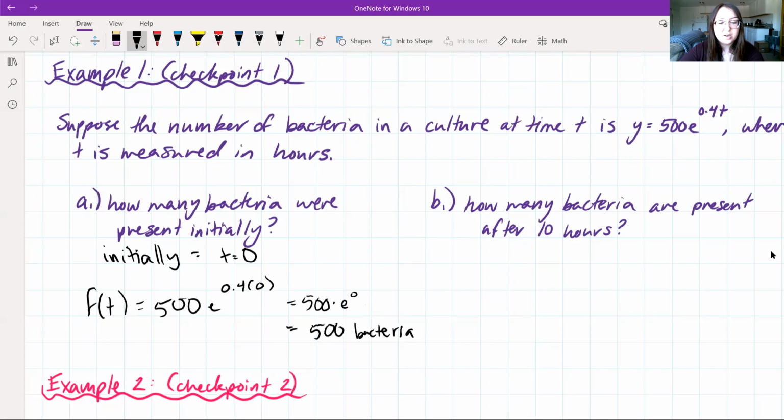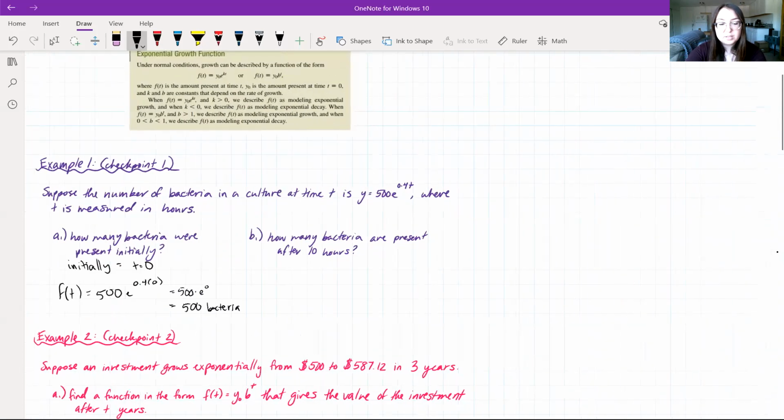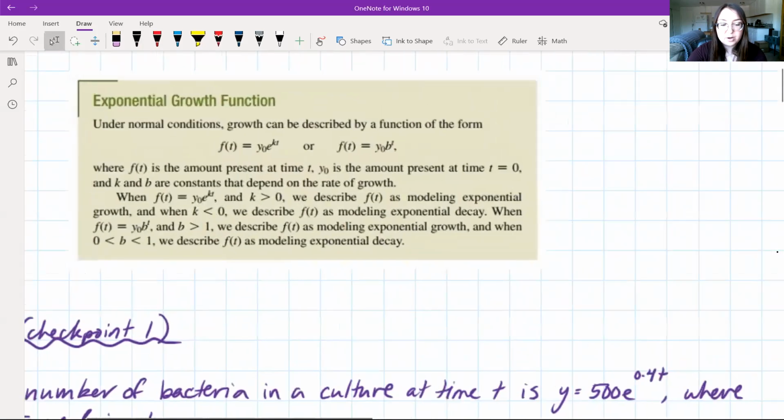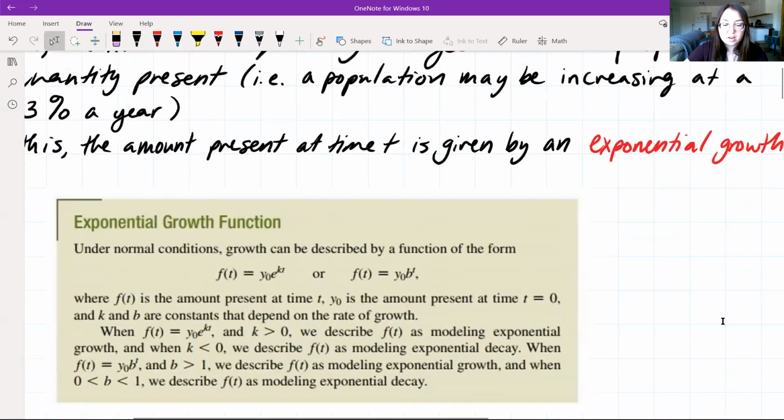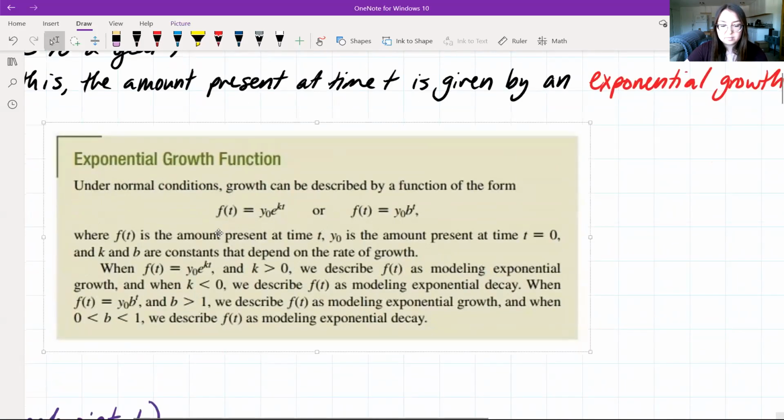And if you notice, the form of our equation is 500 times e to the 0.4t. Well, this is very similar to our equation right here, f of t is equal to y naught times e to the kt.